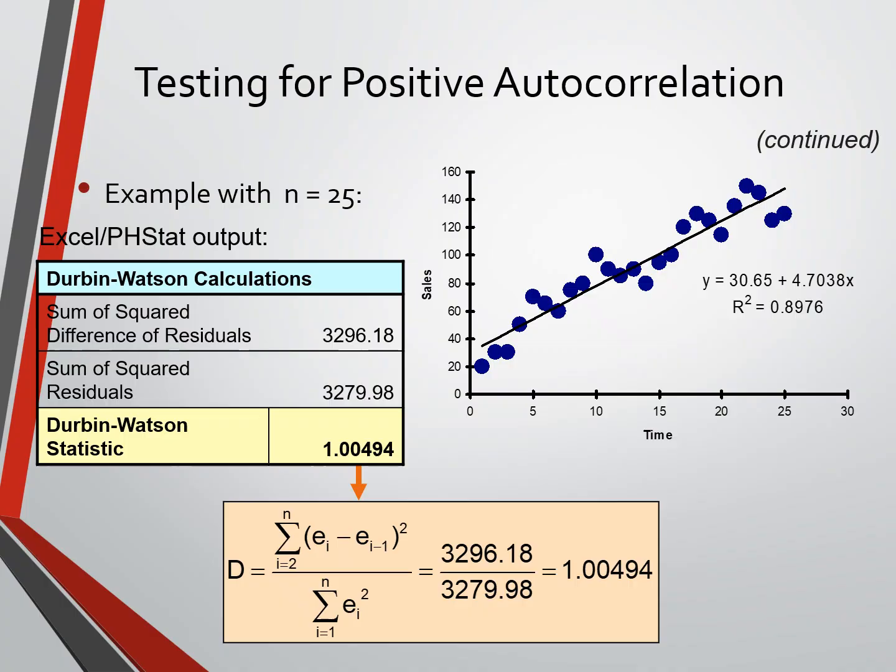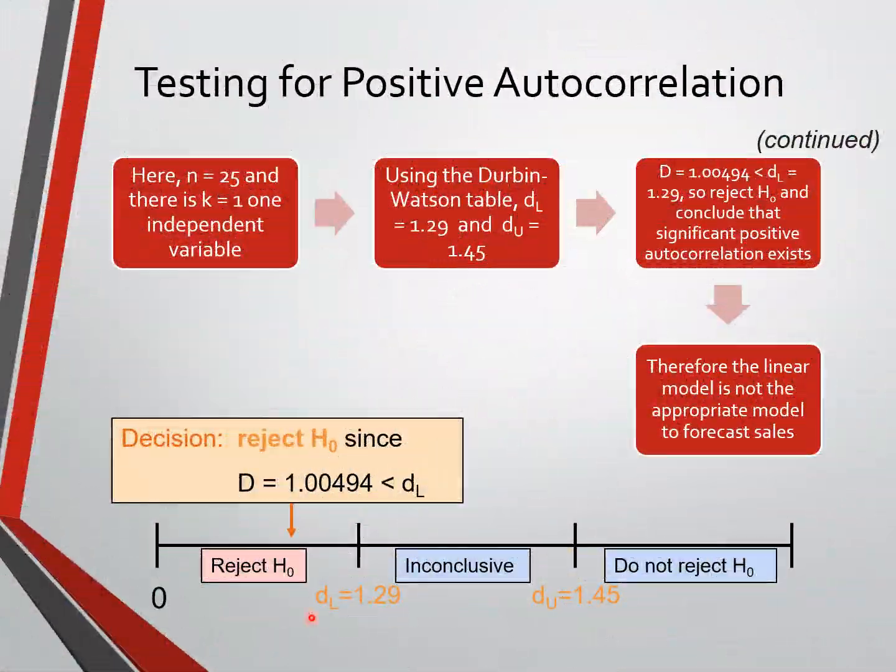Durbin value is basically indicating one of the very important graphs: if the Durbin value is lower than 1.29, then you should reject the null hypothesis. If it is greater than 1.45, you do not reject the null hypothesis. It means here the null hypothesis is accepted, here the null hypothesis is rejected.